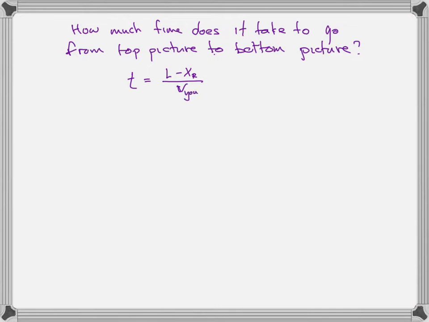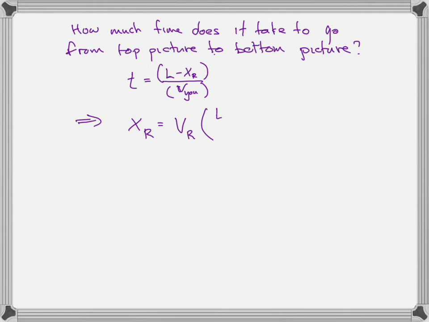So that's the time that it takes you to move that distance. It's just the distance that you move divided by the speed that you move. That's the time. Kinematics.